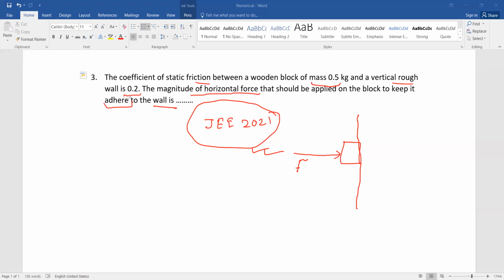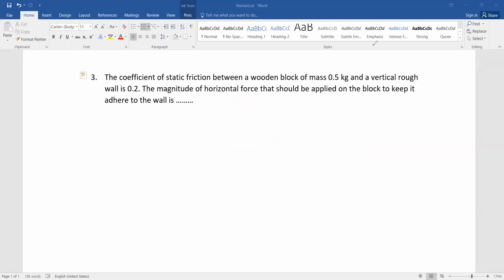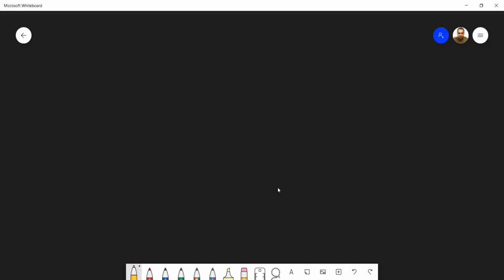So let us solve this question. I will solve this question in my electronic board. Let me draw the picture again. We have a block and we have a wall. The wall is a rough wall. It has a coefficient of static friction which is 0.2.